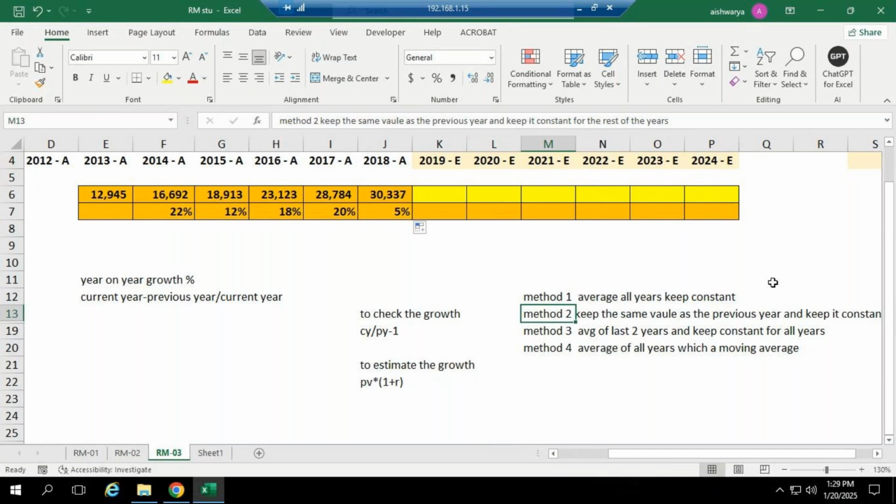Then method 3, the third method, is average of last 2 years and keep constant for all years. Then method 4, the fourth method, is average of all years which is a moving average. Understanding?